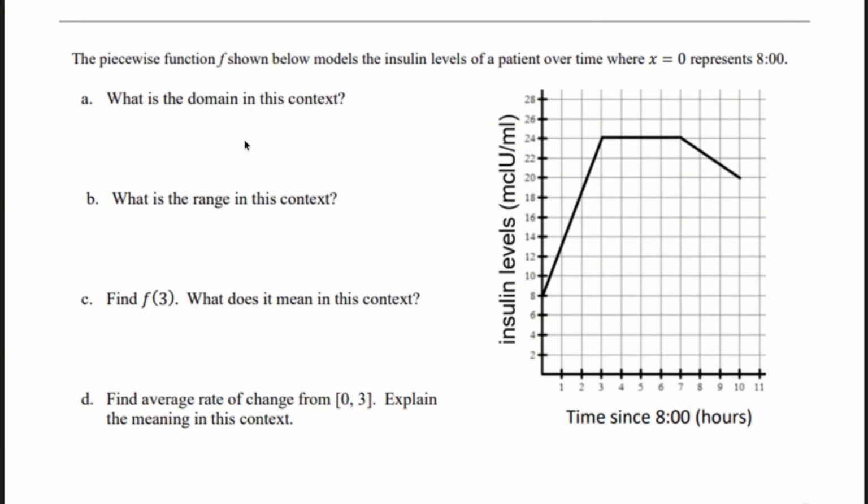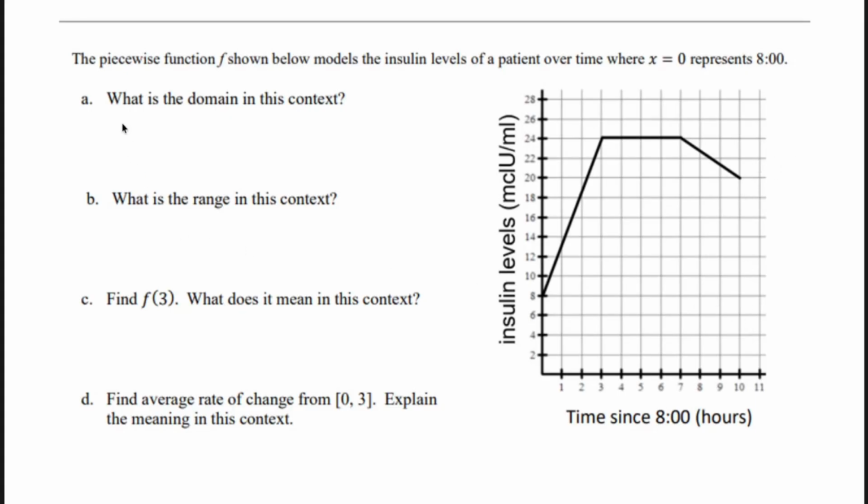The piecewise function f shown below models the insulin levels of a patient over time where x equals 0 represents 8 o'clock. All right. So here's your picture. So we're going from 8 to 6, it looks like.